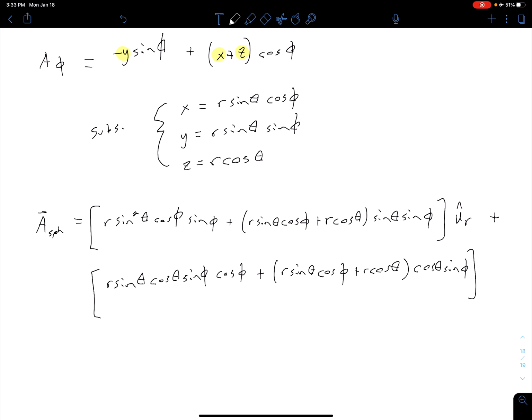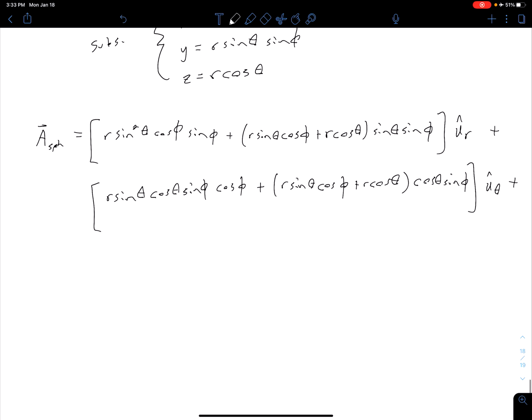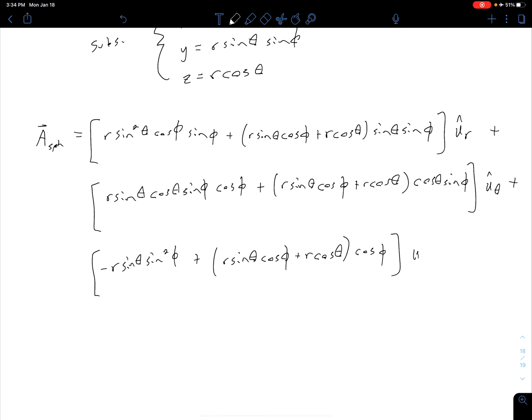That mess is our theta component, so we multiply that by our unit vector in the theta direction. And then finally, our phi component, which is going to be negative r sine theta sine squared phi plus the quantity r sine theta cosine phi plus r cosine theta times cosine phi, and all of that multiplied by our unit vector in the phi direction.